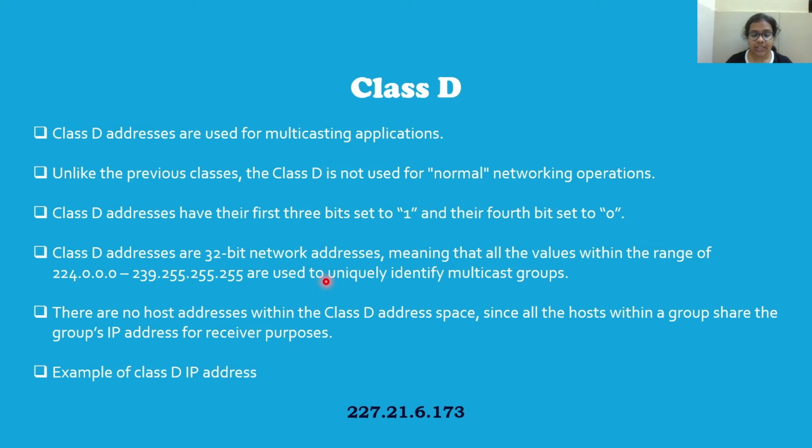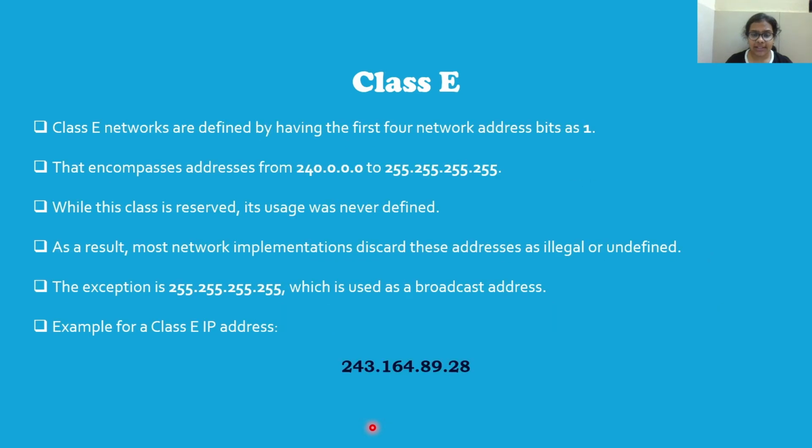There are no host addresses within the class D address space since all the hosts within a group share the group's IP address for receiver purposes. Example of a class D IP address is given here, which is 227.21.6.173. Moving on, let us see about class E.